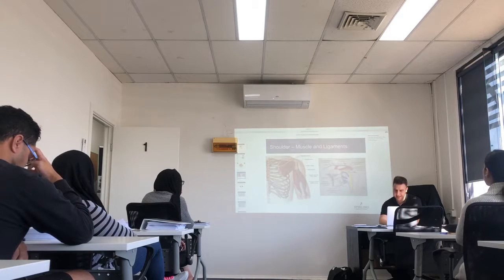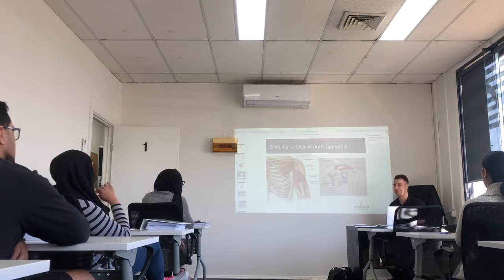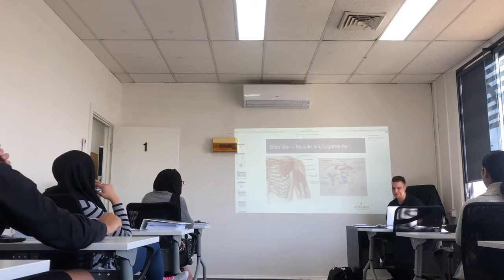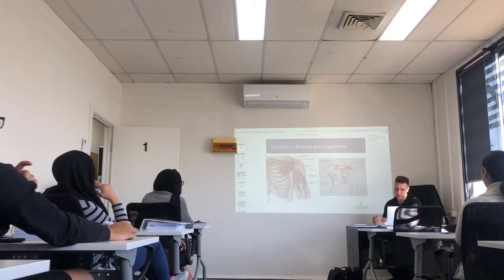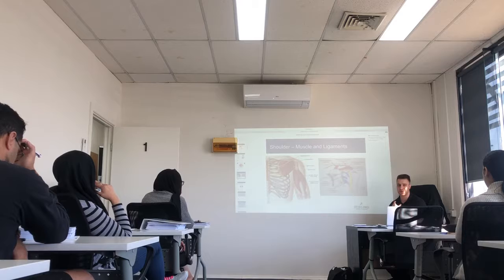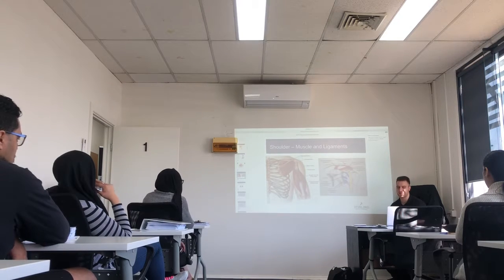So, ligaments here. Has anyone torn a shoulder ligament before? Would anyone know the feeling of that? Pretty excruciating. I've never done it before and don't hope to ever do it. Once we tear it, the whole muscle can come off the bone as well. You might see this a lot in footy players. It's quite common for the muscle to be torn right off the bone, in people skating, skateboarding, massive falls.